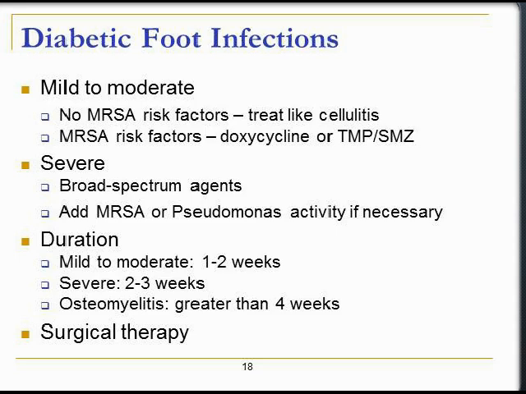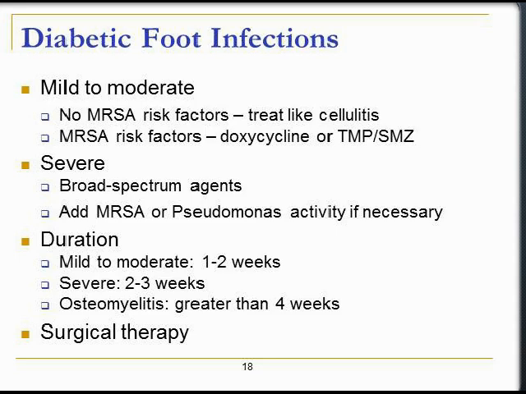If they have risk factors for MRSA, then you can use doxycycline or trimethoprim sulfa, but otherwise use things like you would for a cellulitis. So dicloxacillin or Keflex or something along that line like you normally would to treat a cellulitis. Now if it's more severe, and if it's a patient who's hospitalized, generally it's going to be a more severe infection, then you need to broaden your activity because now you're probably dealing with gram-negatives, gram-positives, and anaerobes as well.